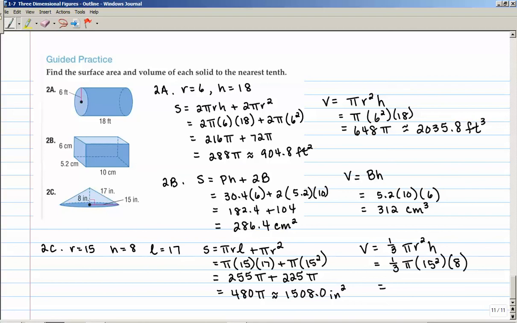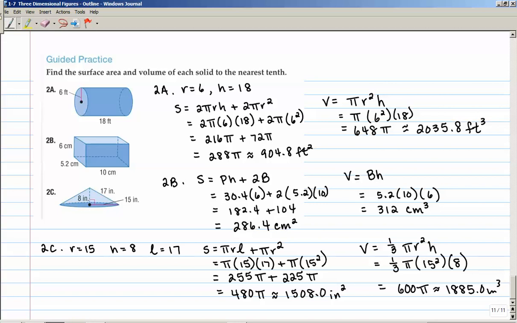It's not 1/3. Easiest way to do this is to think of 1/3 as dividing by 3. So in my calculator, I'm going to do 15 squared times 8 and then divide that by 3. That gives me 600 pi, which is approximately equal to 1885.8 inches cubed.